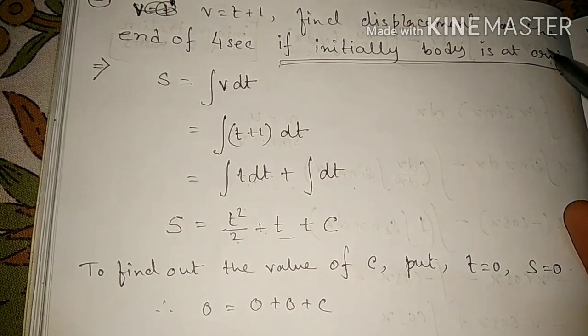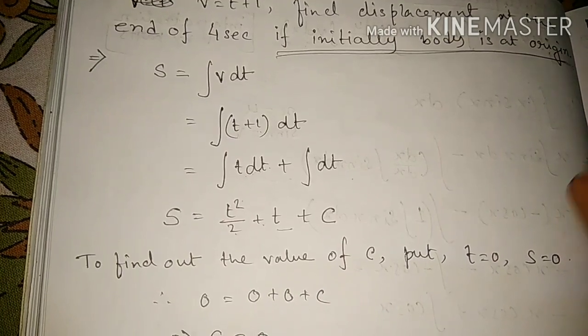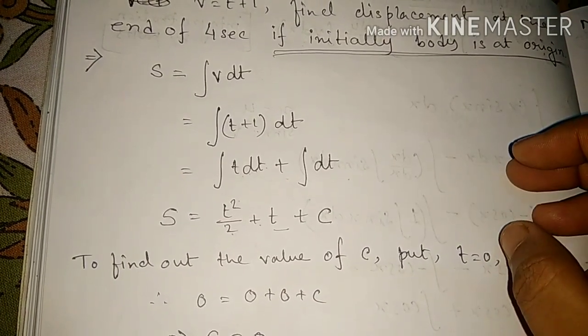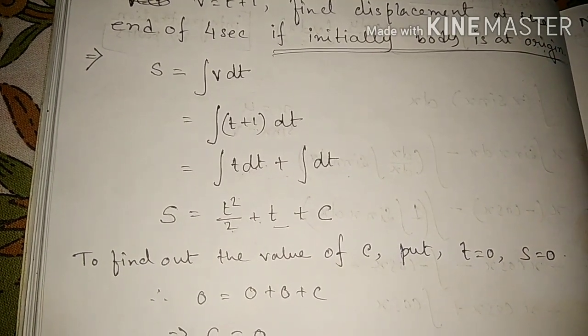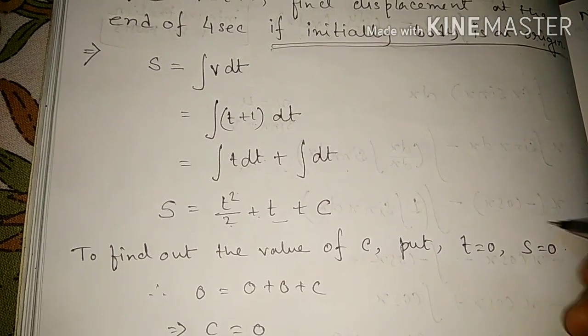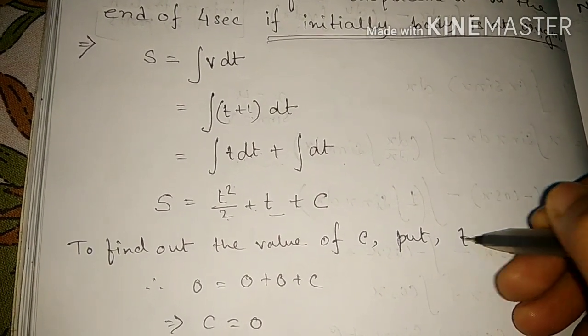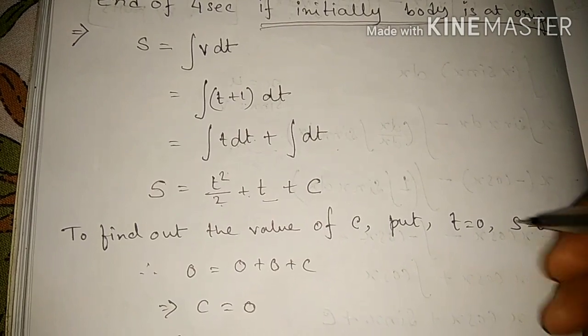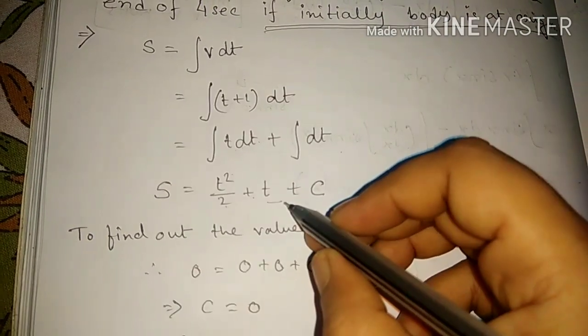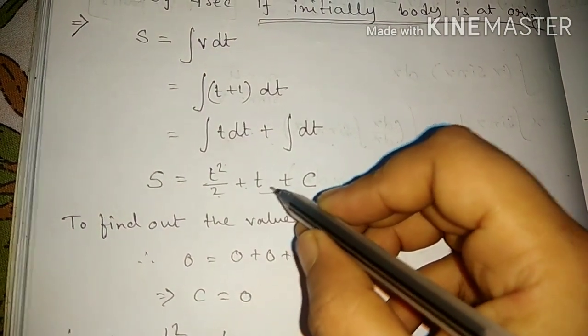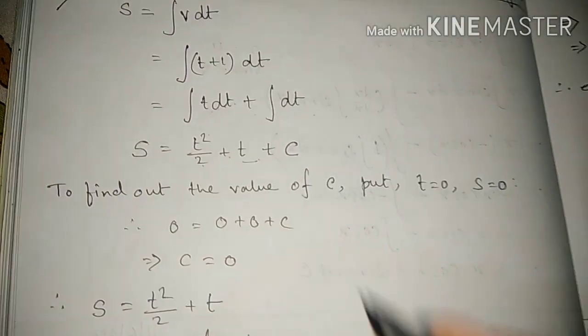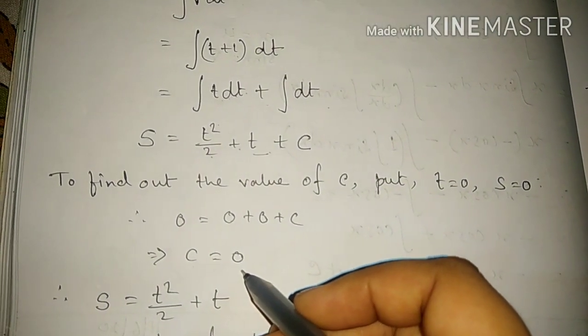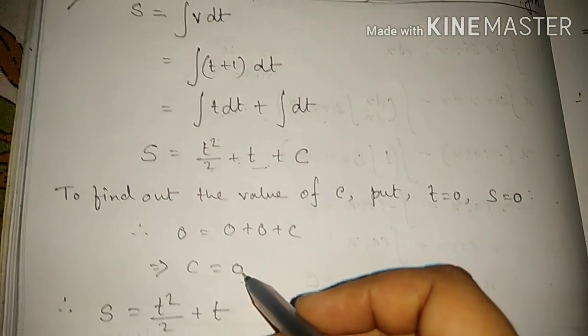When the body is initially at origin, that means initial time t equals 0. No displacement is there, it is at rest, that's why s also equals 0. t equals 0, s equals 0. Now if we put this value in this equation of displacement, we get the value of c equals 0.